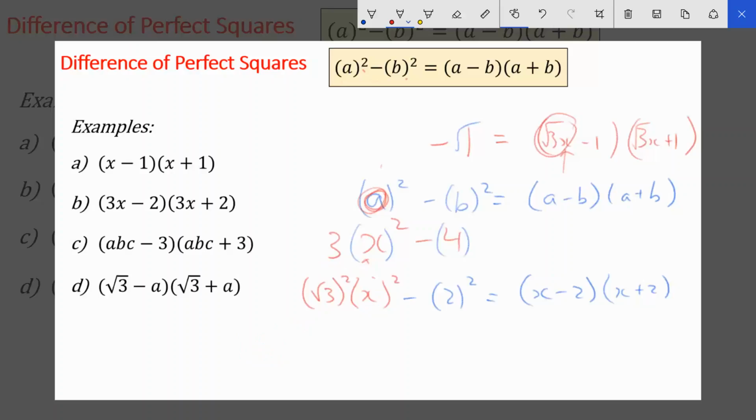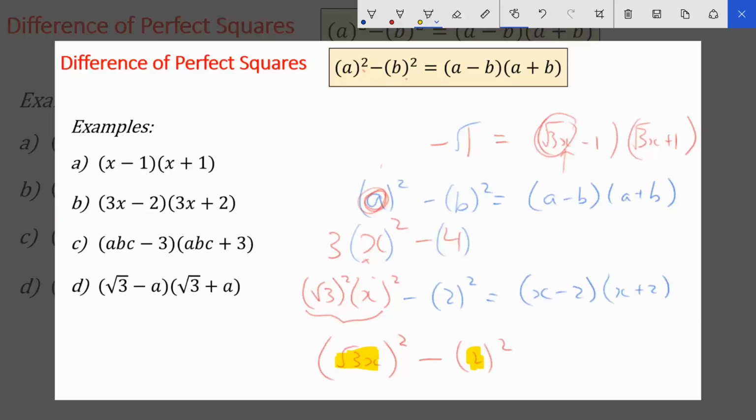Instead of writing it like that, you can write it like this: root 3 x squared. The same thing. And now this becomes your a. And then you have minus 2 squared, and that becomes your b.